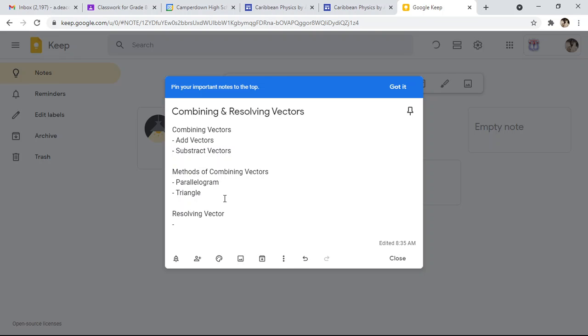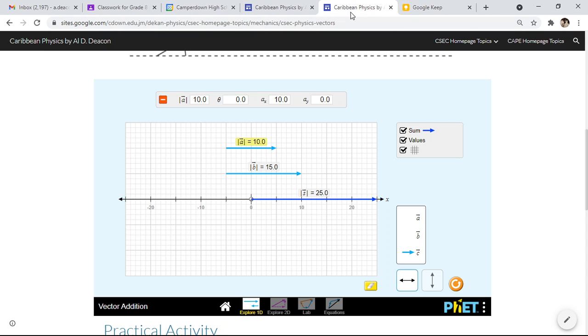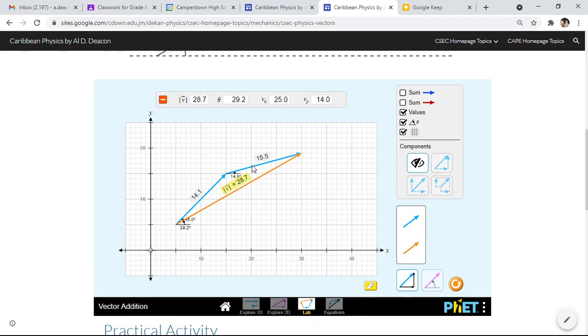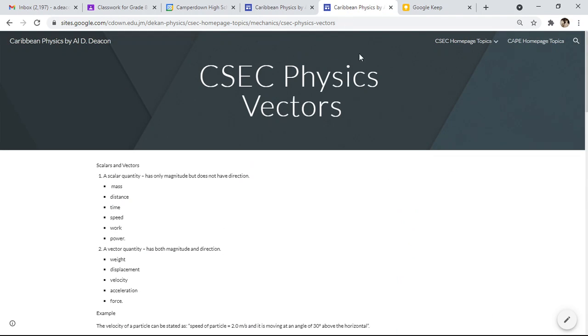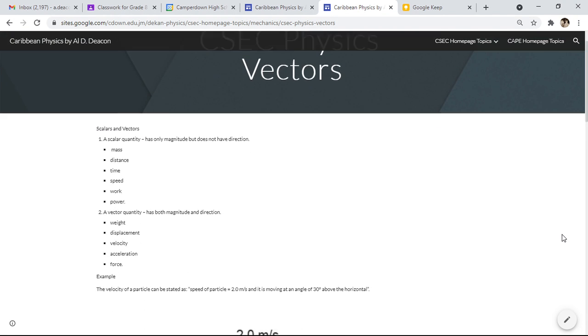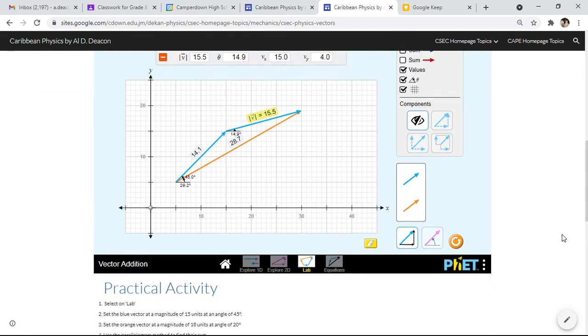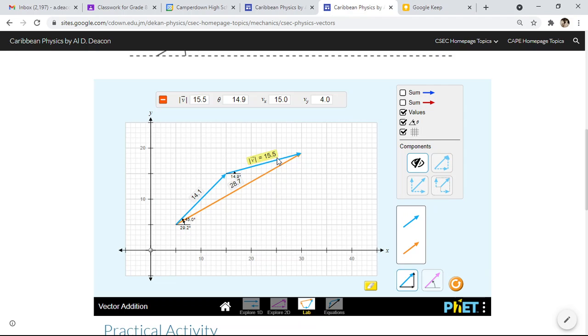Resolving the vectors, you will have the resultant vector.